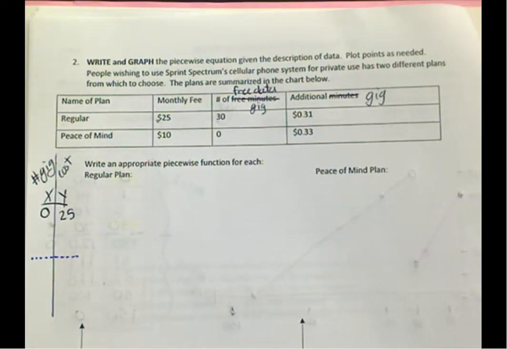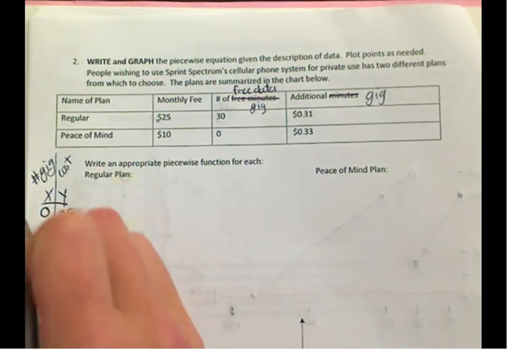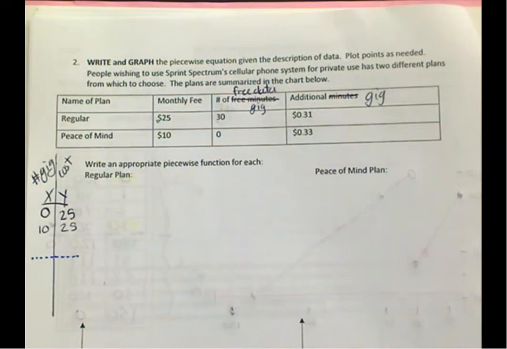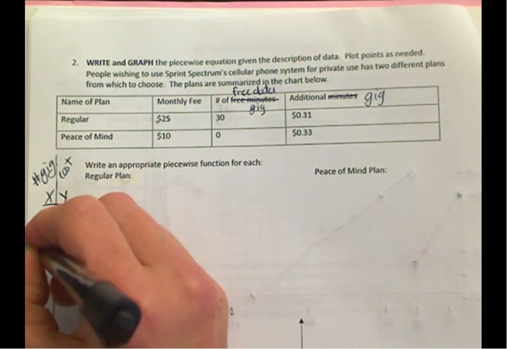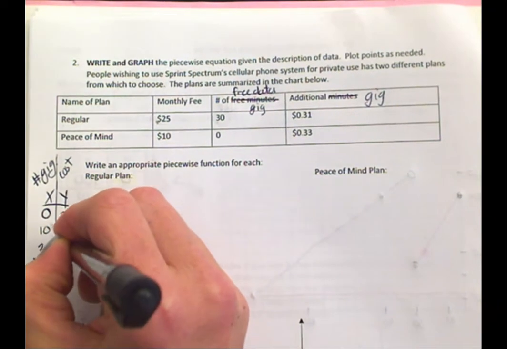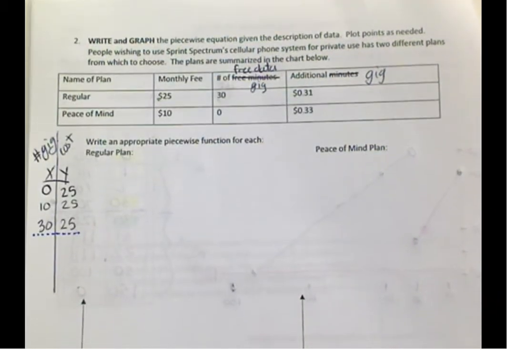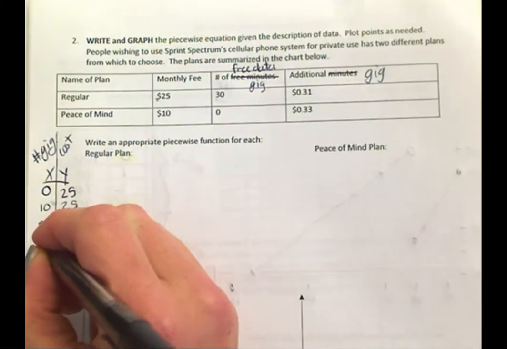Endpoints, if I do 10, I'm still only going to cost 25. And 30 is still going to cost me 25. But the minute I go over 30 gigs, point 1, you're going to have to start paying for it.